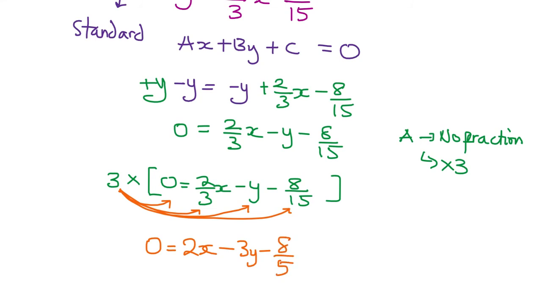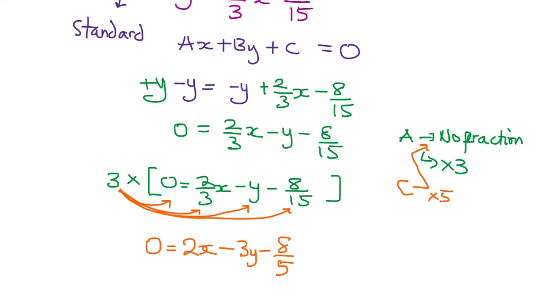So in here we see that there is a non-fraction for our a, but our c as well we have to make non-fraction, which means that we'll have to multiply by 5, which is the denominator.